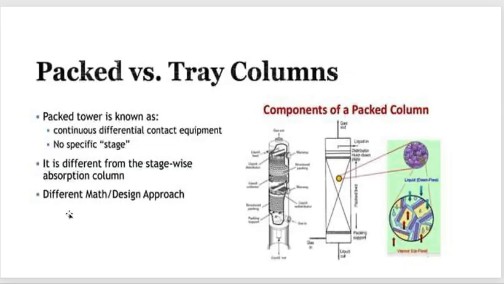But when you design the packed column, you transfer the number of theoretical trays into diameter and height by some numerical equations. So you transfer, for example, 10 trays into height and diameter. Then you select the suitable type of packing you will install inside the column. This is the idea generally.